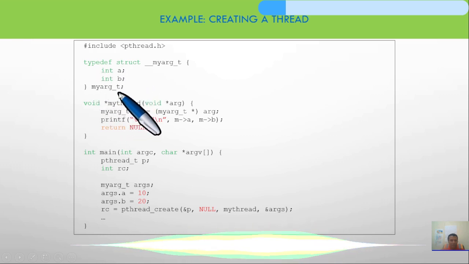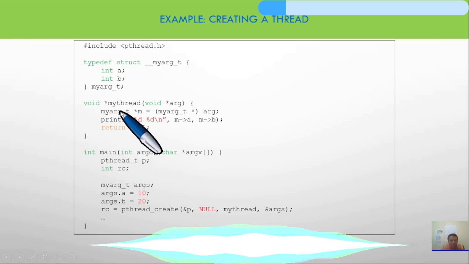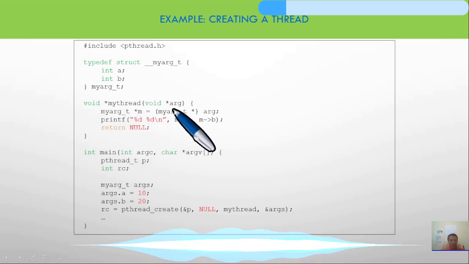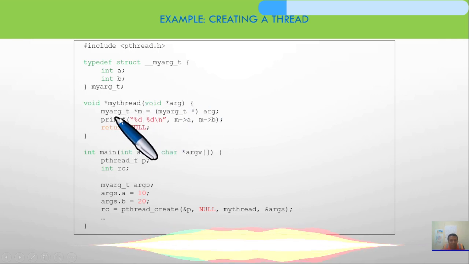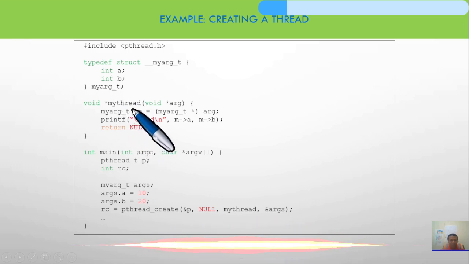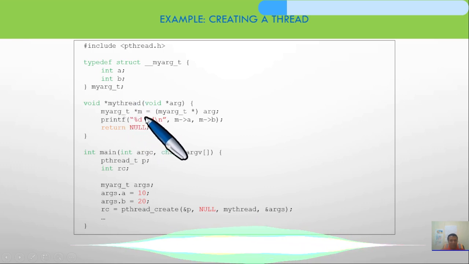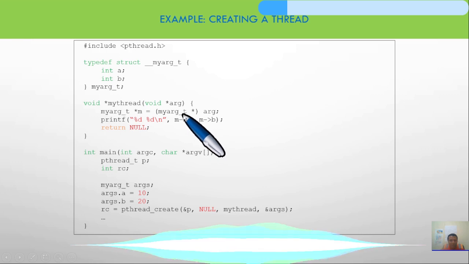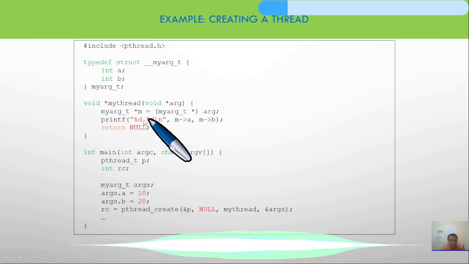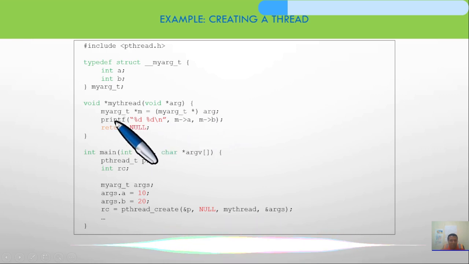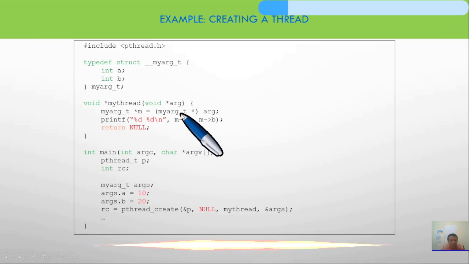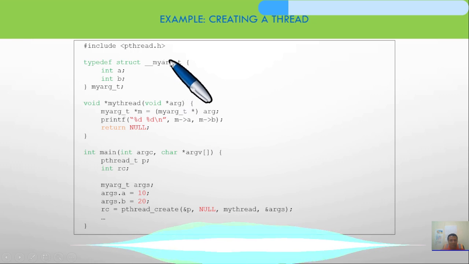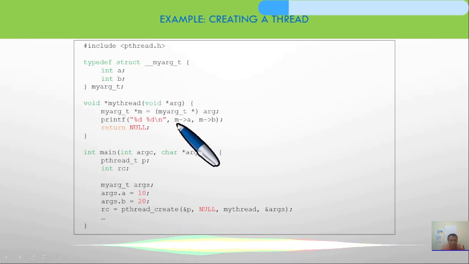Then we have the void function myThread, with a void argument. We cast it to a myArgT pointer and print the values a and b.